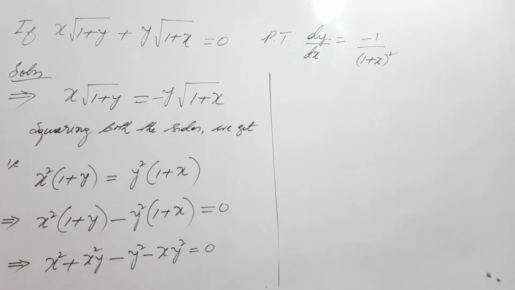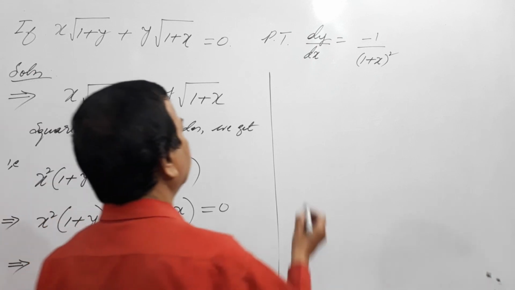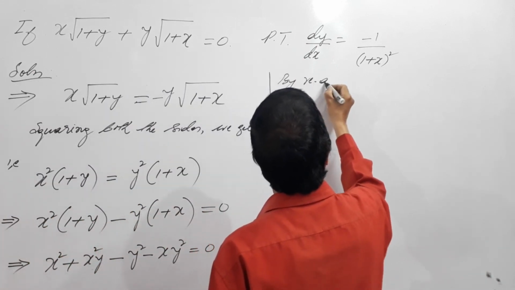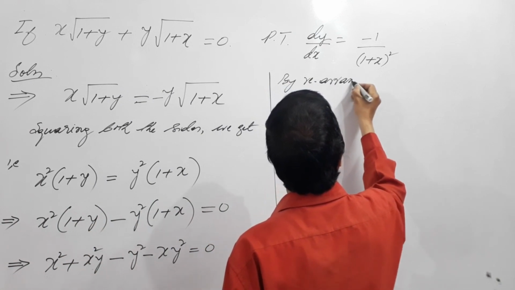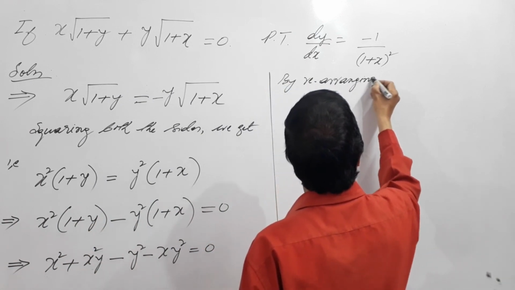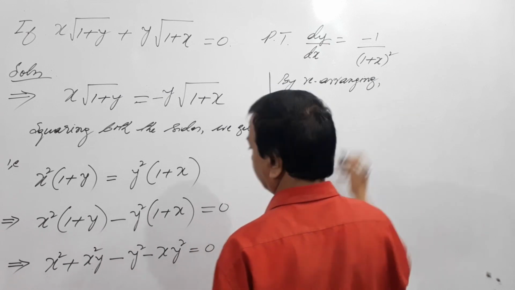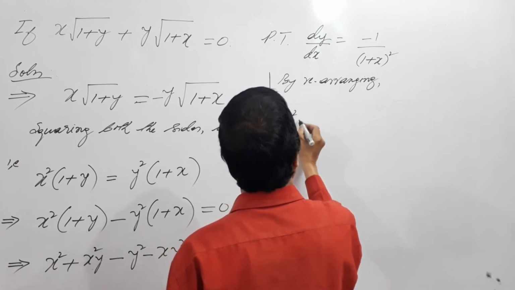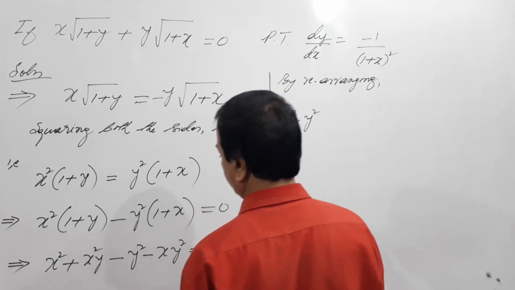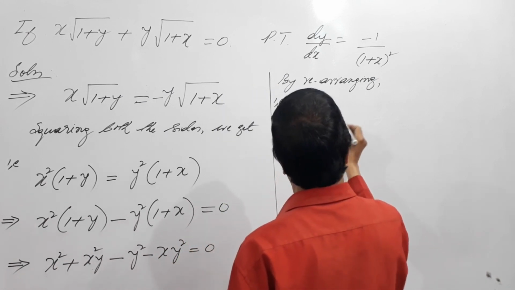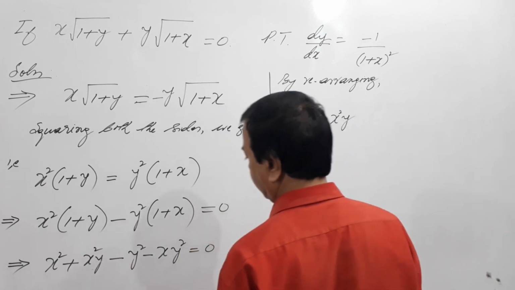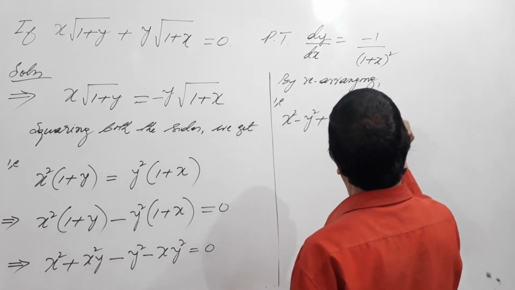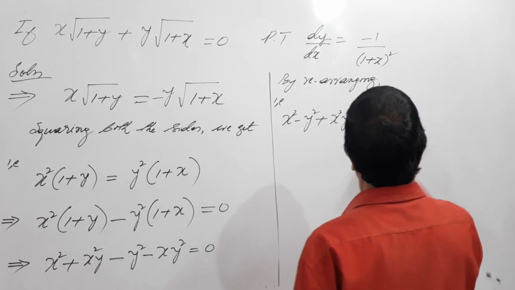So I'll rearrange this. What happens? That is x square minus y square plus x square y minus x y square equals to 0.